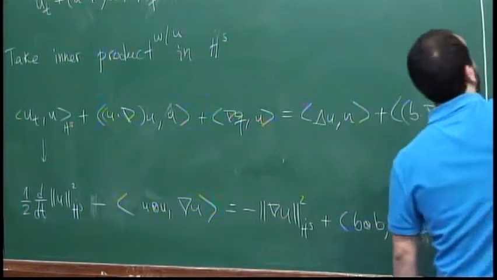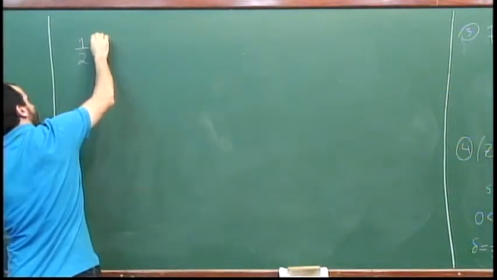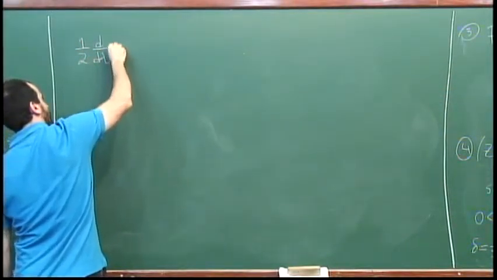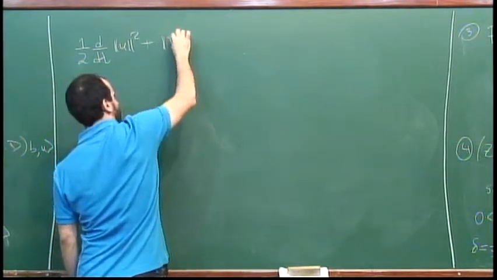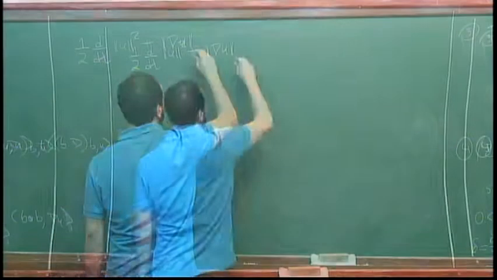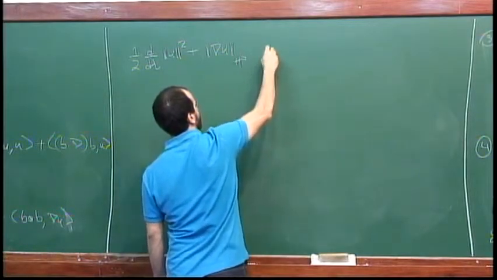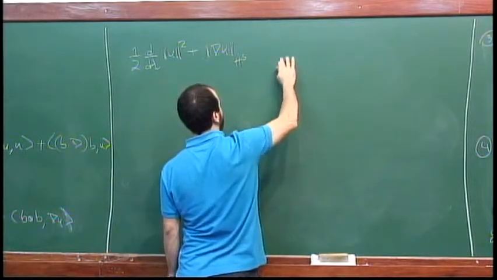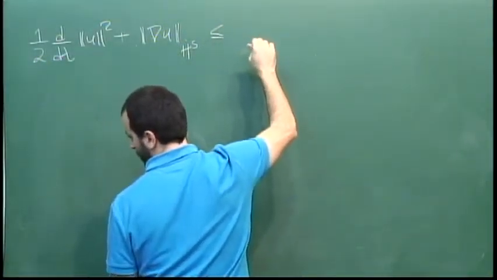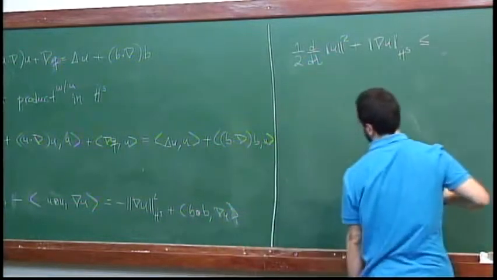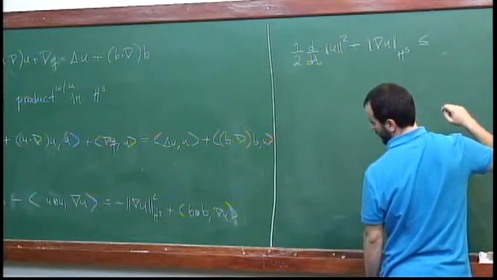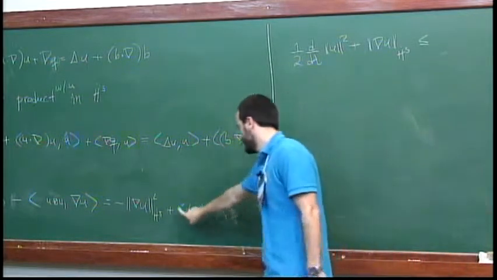Okay, then we just rewrite this. And then we use Cauchy-Schwarz to get, so these terms are both in the same side. And we have, well, here was a minus sign.